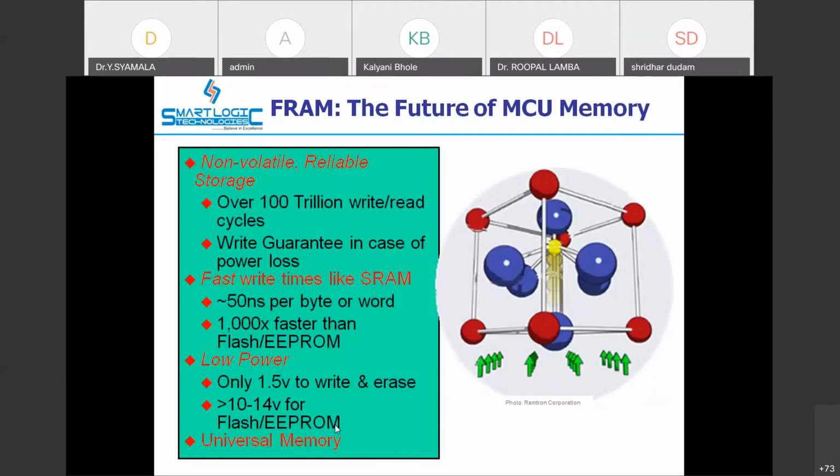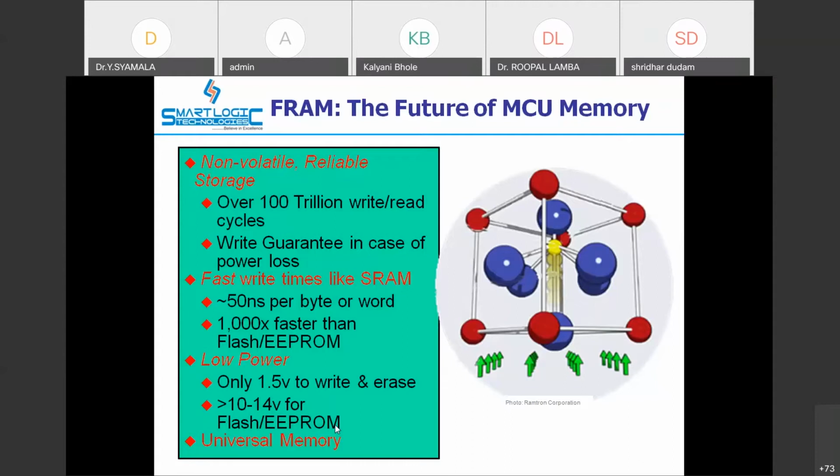Then this RAM also works on low power, requiring only 1.5 volt for writing and erasing. You can see that we are not bothered about reading, we are bothered about writing, because writing is critical for memory ICs. So writing and erasing should be very proper.